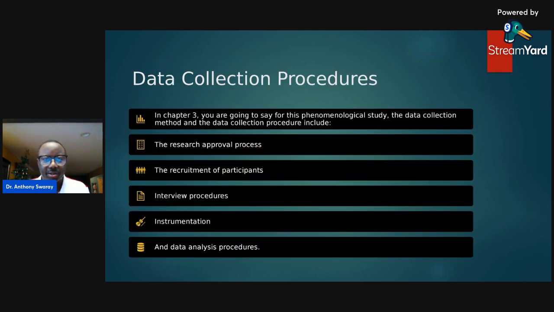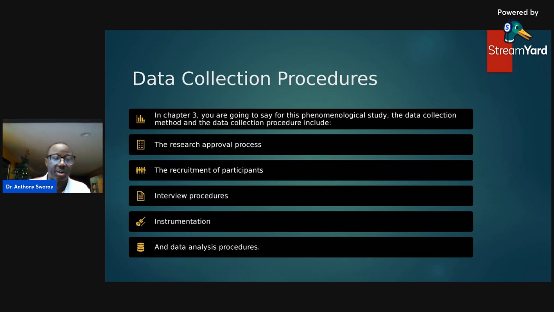Data collection procedures. So you are in chapter 3, you're going to have data collection procedure as a heading, and then you're going to talk about, let's say for this phenomenological study, the data collection method and the data collection procedure included what? What did you include? What did you do? The research approval process.